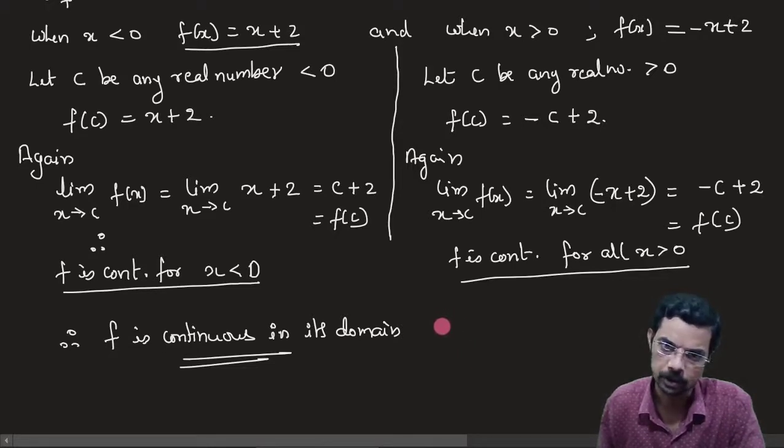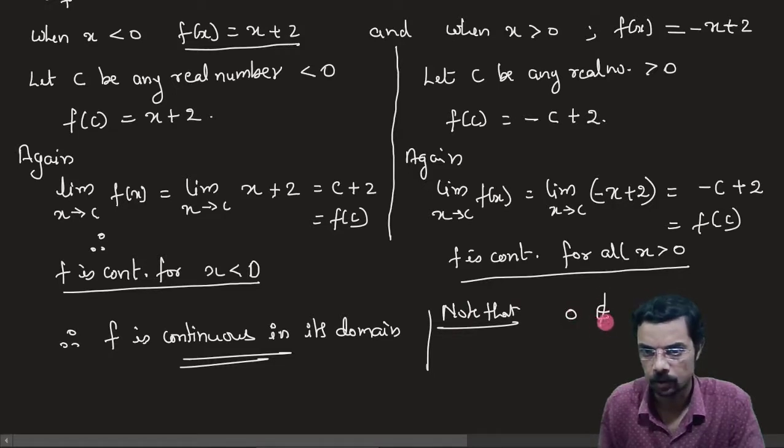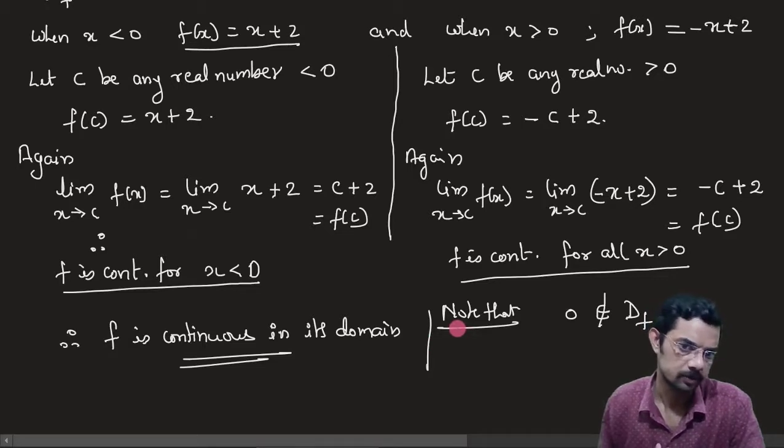Okay, 0 is not a point of the domain, therefore we need not check whether the graph is continuous at 0. Let us note that 0 does not belong to the domain of f. Therefore, it doesn't matter whether it is continuous at 0 or not. It is continuous everywhere in its domain.